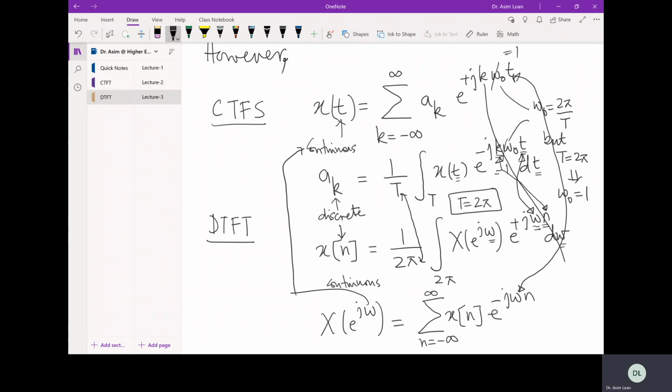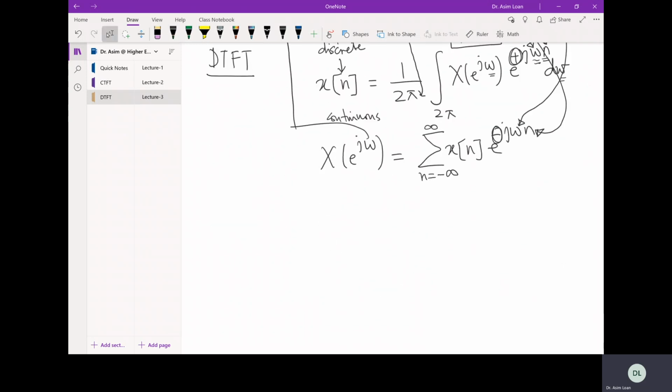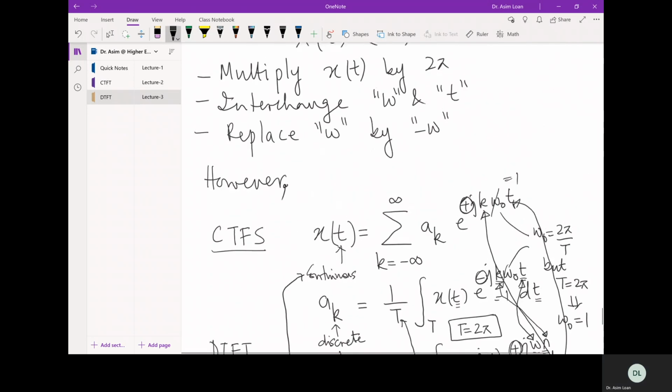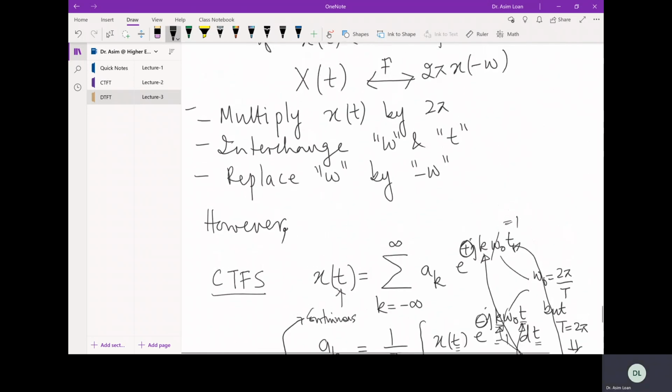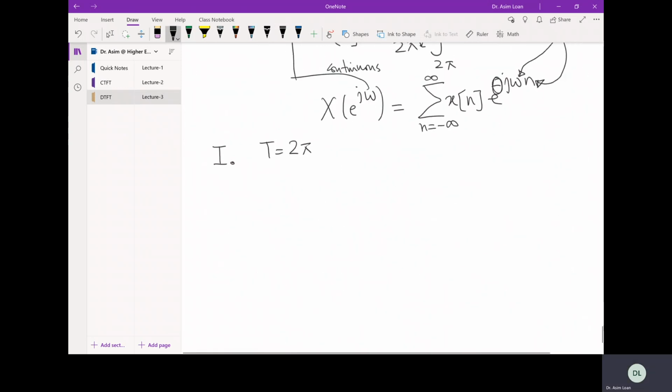The only difference in both equations is this is plus, this is minus, this is plus, this is minus. So what we need to do: the first thing is T equals 2 pi.